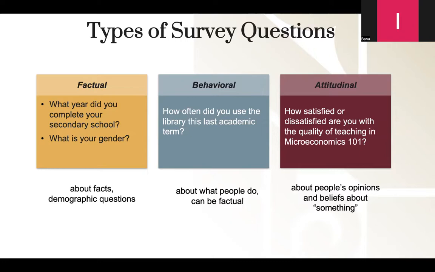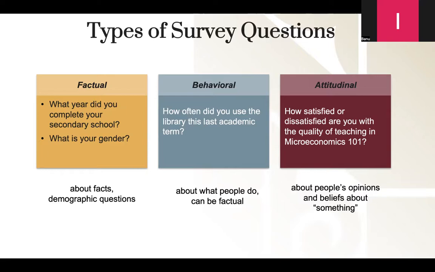Attitudinal questions are among these three the more challenging ones for the respondent, because it might require a little bit more effort to form and shape some opinion, especially when the topic is sensitive.